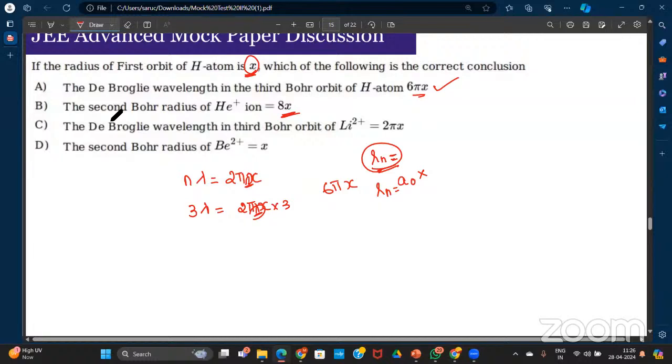Next option: the de Broglie wavelength in the third Bohr orbit of lithium 2 plus is equal to 2 pi x. Is it true? For lithium, what is the Z value? The Z value is 3.